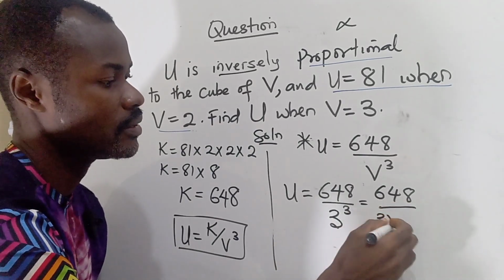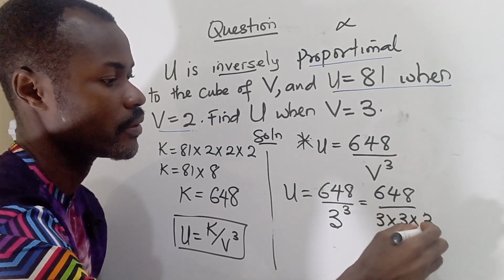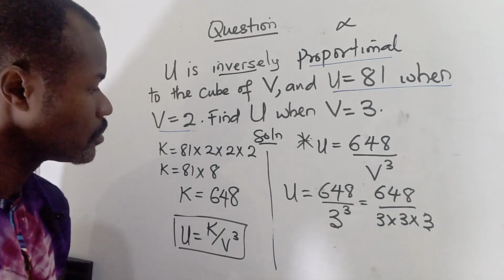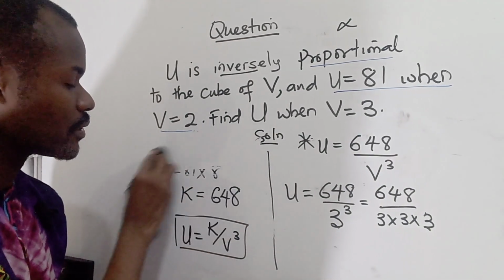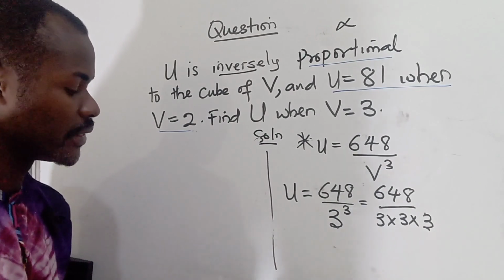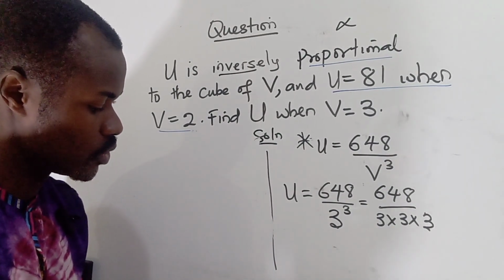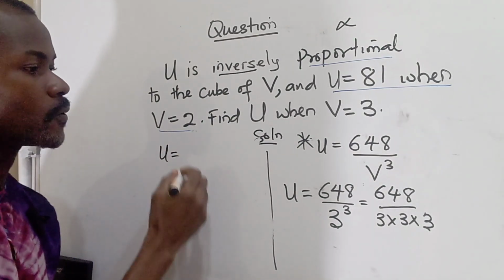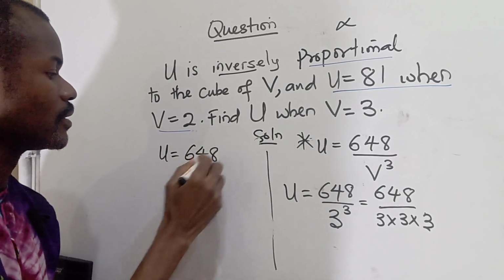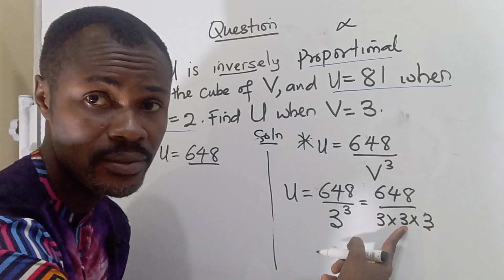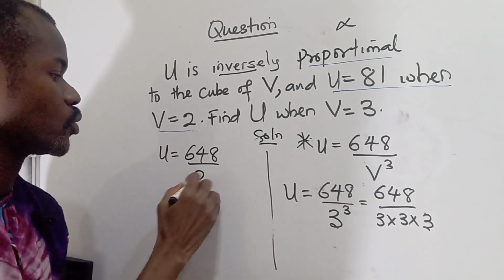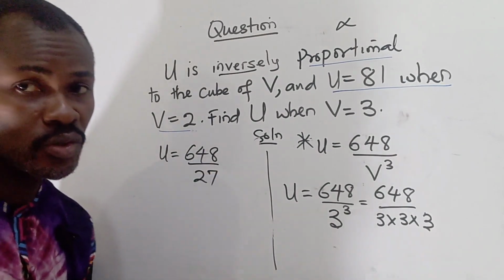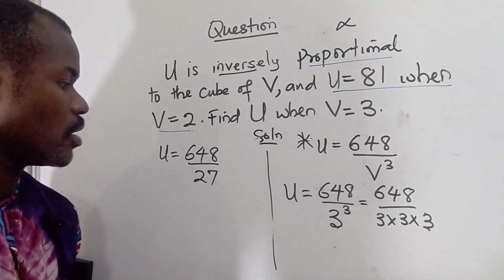This means 3 times 3 times 3. So u equals 648 over 3 times 3, which is 9, times 3 is 27.